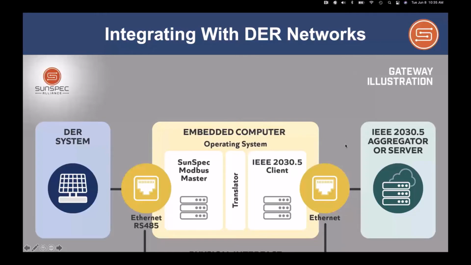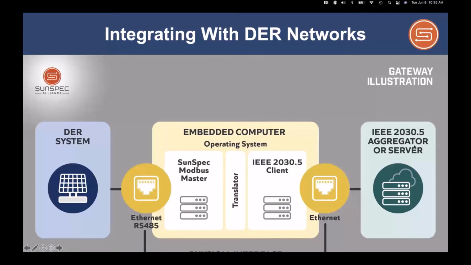So in this network topology, on the far right-hand side, you have utilities and you have aggregation services. These are both managed environments that may have physical security around them that would protect the computers.